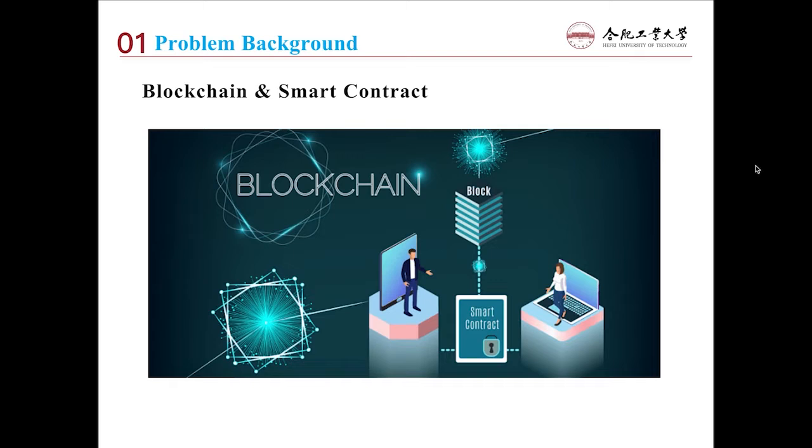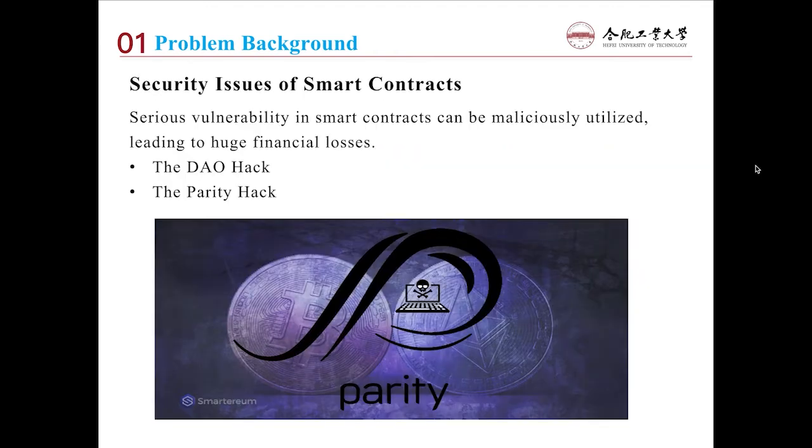Once deployed on the blockchain, smart contracts are not allowed to be modified due to the decentralized, transparent, and immutable characteristics of blockchain. However, serious vulnerabilities in smart contracts can be utilized, leading to huge financial losses.